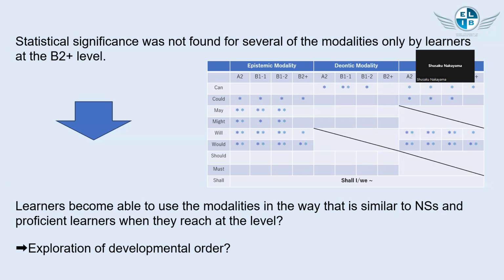In this study, there were underused modalities for which significant differences were not found only for learners at the B2 plus level. This suggests that learners become able to use the modalities in a way that is similar to native speakers and proficient learners when they reach that level. However, this study leaves out the detailed discussion and just indicates this possibility.